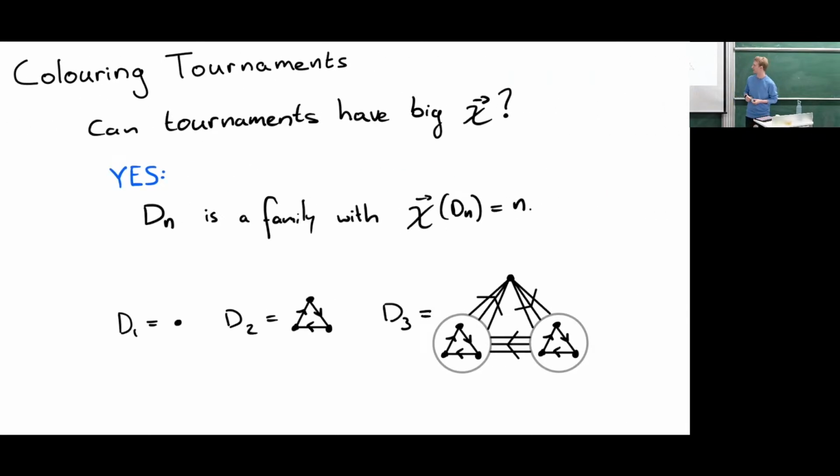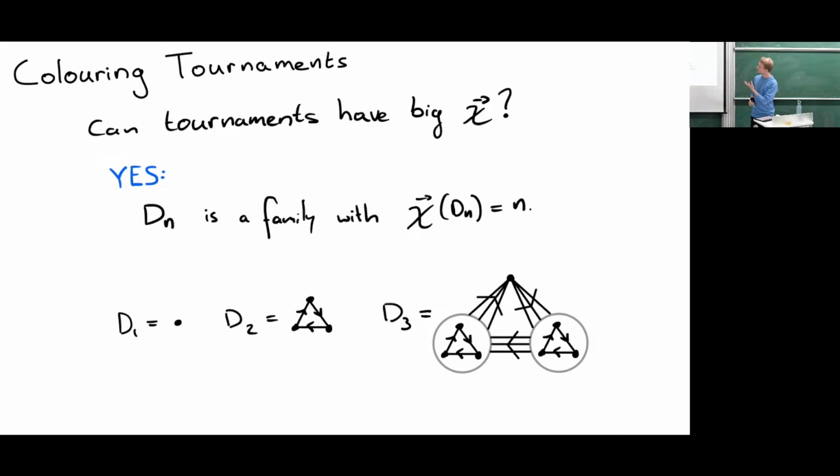Turns out arbitrarily large. There's a family of tournaments called D_n. It is known under many different names in the literature, and this seems to be what the literature is starting to settle on. It is a recursively defined family of tournaments where the first member of this family is exactly a single-vertex tournament. Then we get the directed three-cycle, so we need two colors.